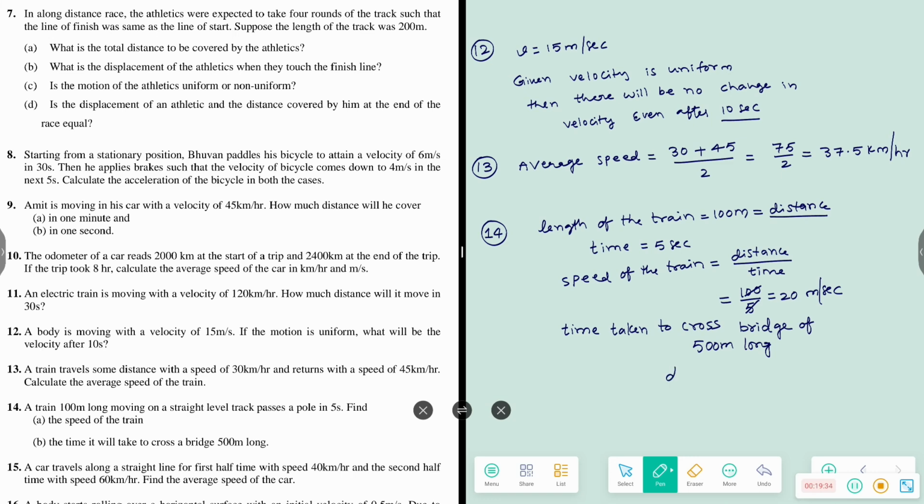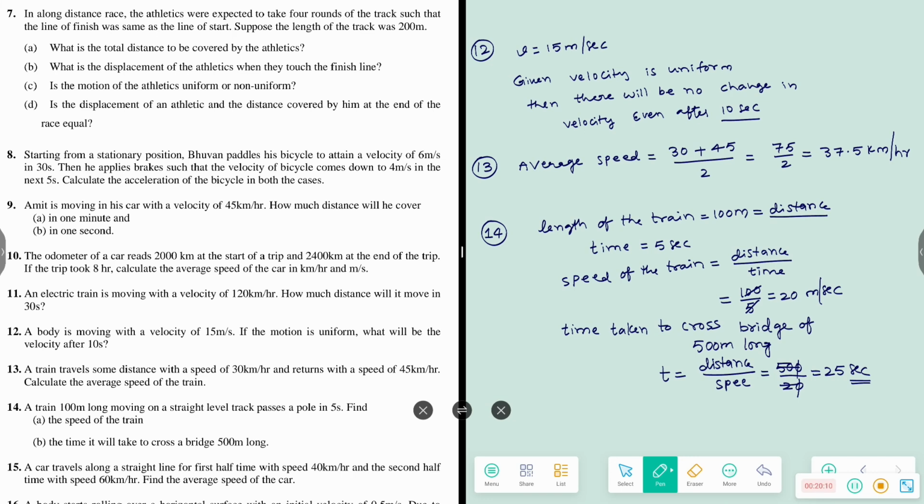We have to find out time. Time is equal to distance by speed. Distance is 500 meters and speed we got is 20. So what happens? 0, 0 cancel, 2 ones are 2, 2 fives are 10, so it is 25 seconds. It takes 25 seconds to cross a 500 meters long bridge.